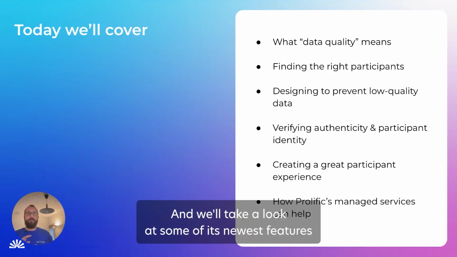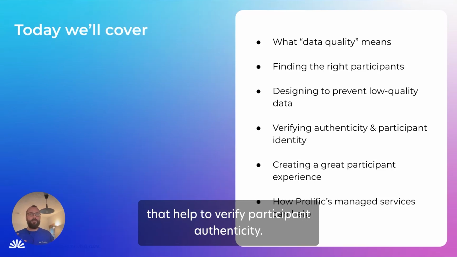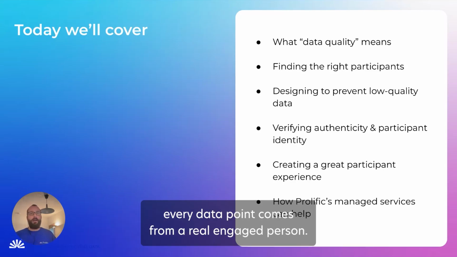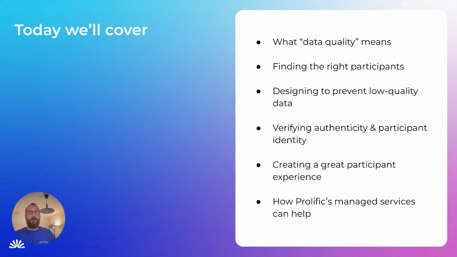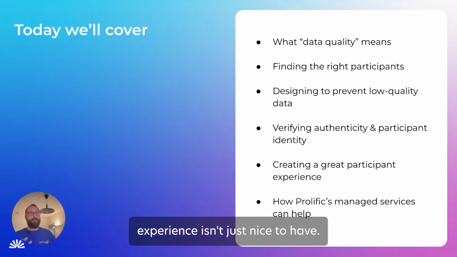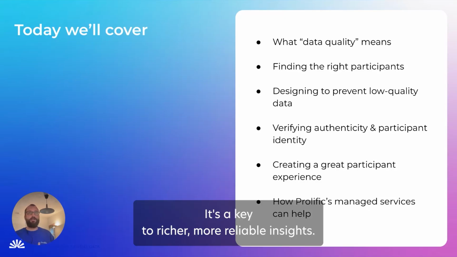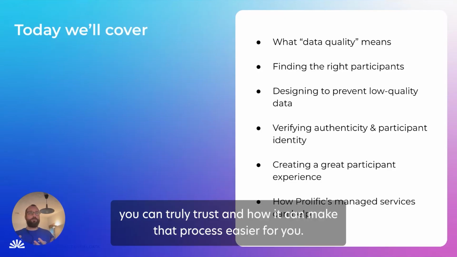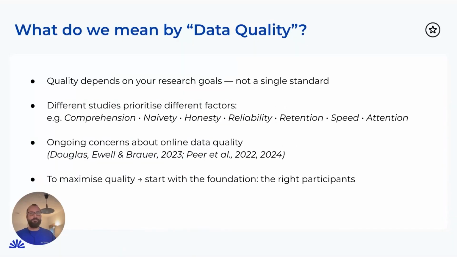And we'll take a look at some of Prolific's newest features that help to verify participant authenticity. And I'll share a few study design tweaks you can use to make sure every data point comes from a real, engaged person. And finally, we'll talk about why creating a great participant experience isn't just nice to have, it's key to richer, more reliable insights. So by the end, you'll have a clear picture of how to get the kind of high quality data you can truly trust and how Prolific can make that process easier for you.